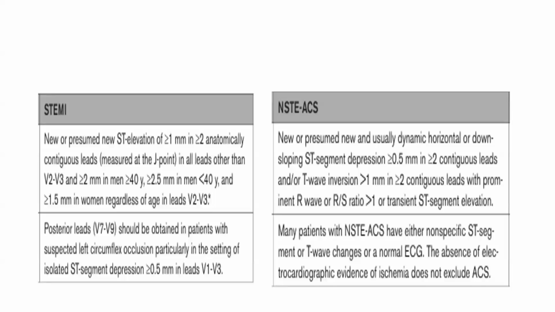So guys, for NSTEMI, the criteria is new or presumed new, usually dynamic, horizontal or downsloping ST segment depression of more than or equal to 0.5 mm in 2 or more contiguous leads, or T-wave inversion of more than 1 mm in 2 or more contiguous leads with a prominent R wave or R by S ratio of more than 1, and transient ST segment elevation.